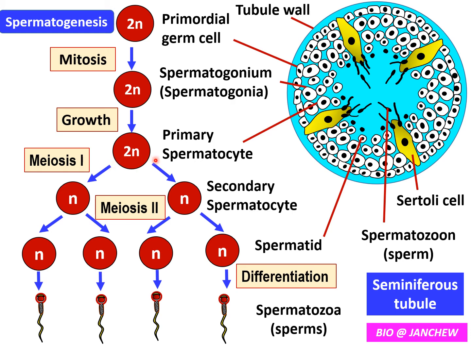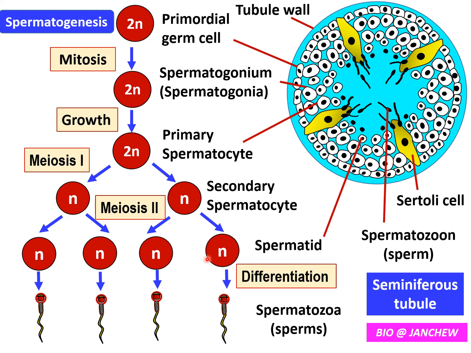So the diploid chromosomal number will be reduced to the haploid number of chromosomes. Now then, the secondary spermatocytes undergo meiosis 2 to form the spermatids. Spermatids do not have the tails and the heads, so they have to undergo differentiation to form the sperms, which have the head, the midpiece, and the tail, to help the sperm swim towards the ovum for fertilization.